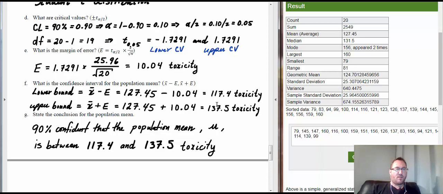And then we can finally conclude here at the bottom, using that level of confidence, that the population mean, or mu, is between 117.4 and 137.5 toxicity level in newborn babies. That'll complete it for problem number 3, section 8.3, estimating a population mean.